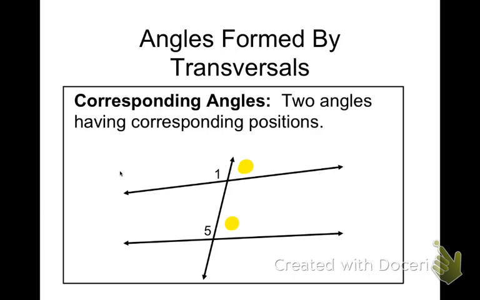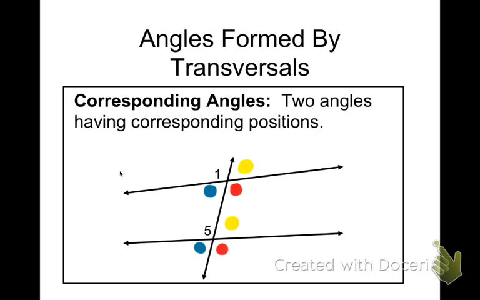If I go bottom right, that would be corresponding. If I go, let's get another color in there, bottom left would be corresponding with bottom left. It's making me think about Twister right now. Okay, so corresponding, you got the idea?